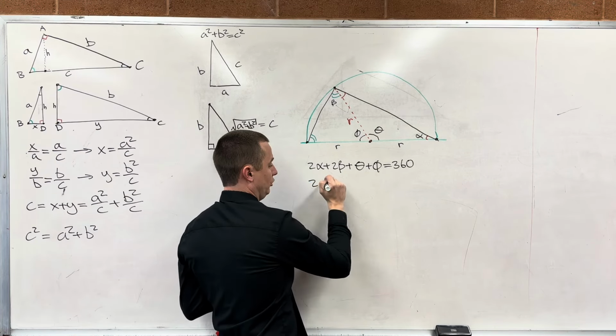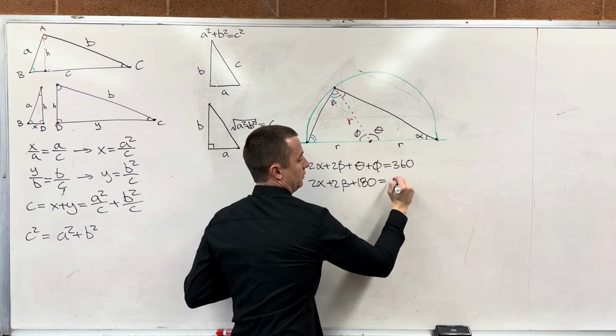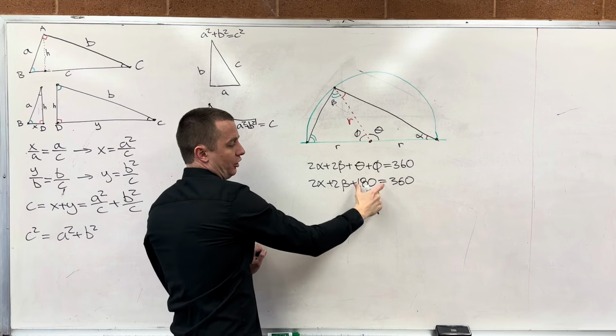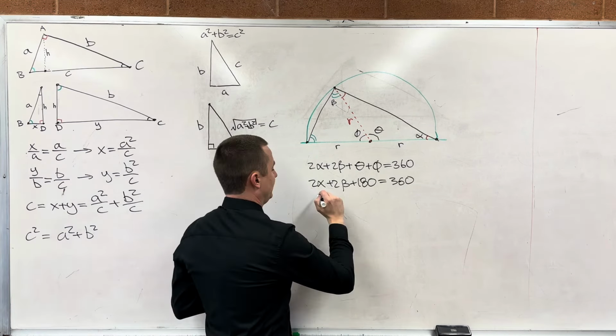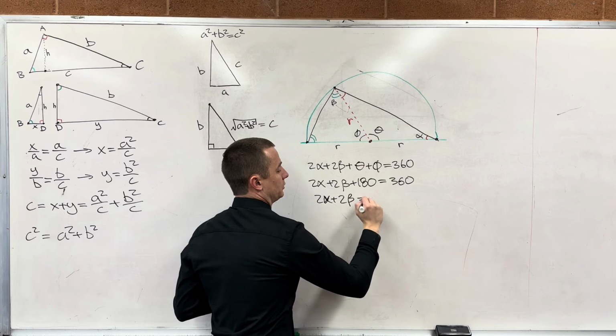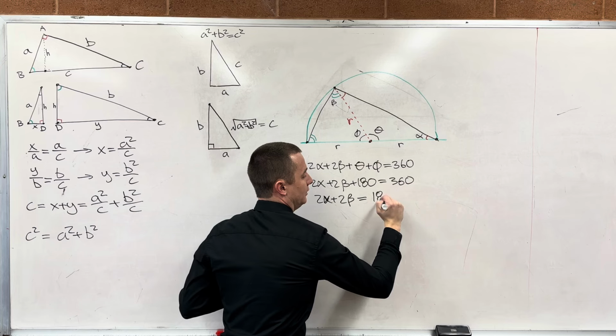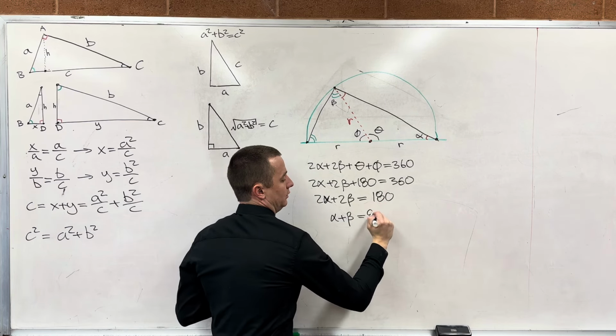Let me just be super explicit. Just showing you the standard way this is shown. Because I know those two together are 180, subtract 180 from both sides, and I get that 2 alpha plus 2 beta is equal to what? 180. Divide through by 2, and I get alpha plus beta is equal to what? 90.